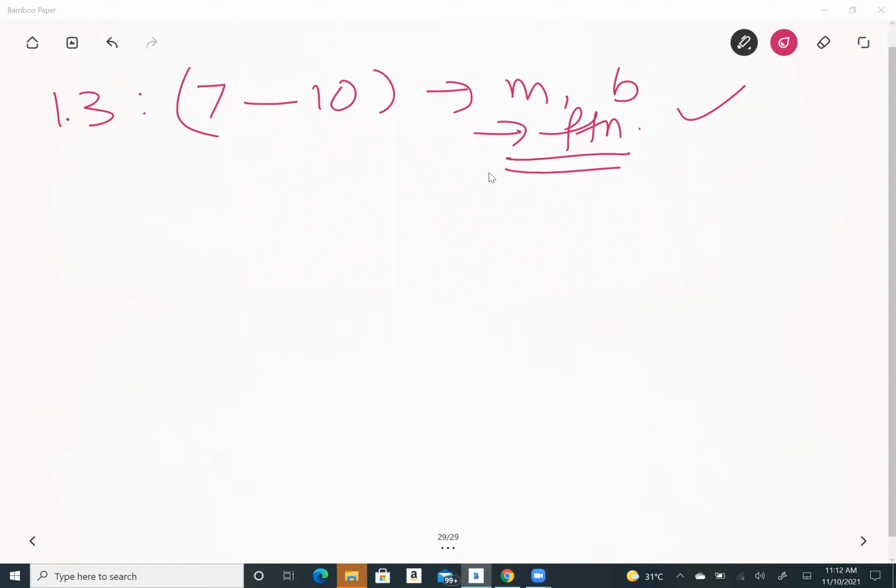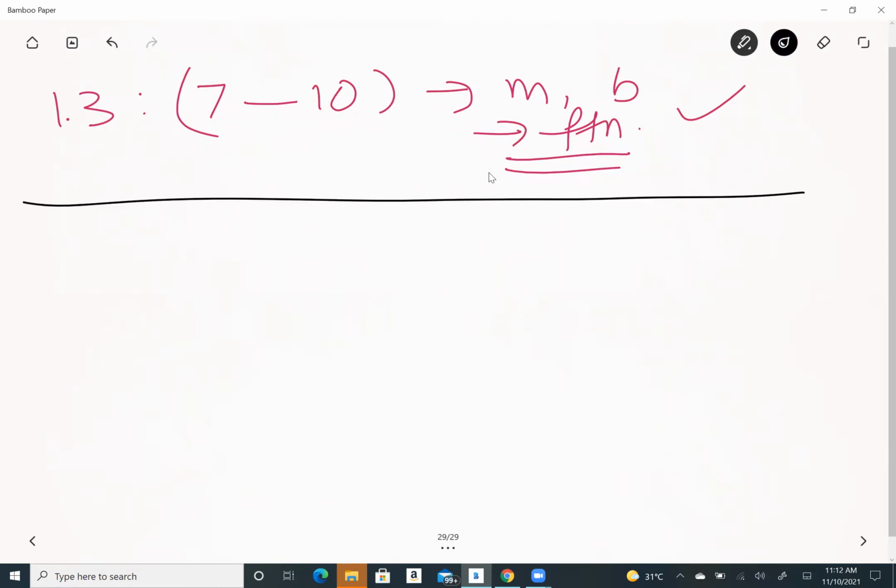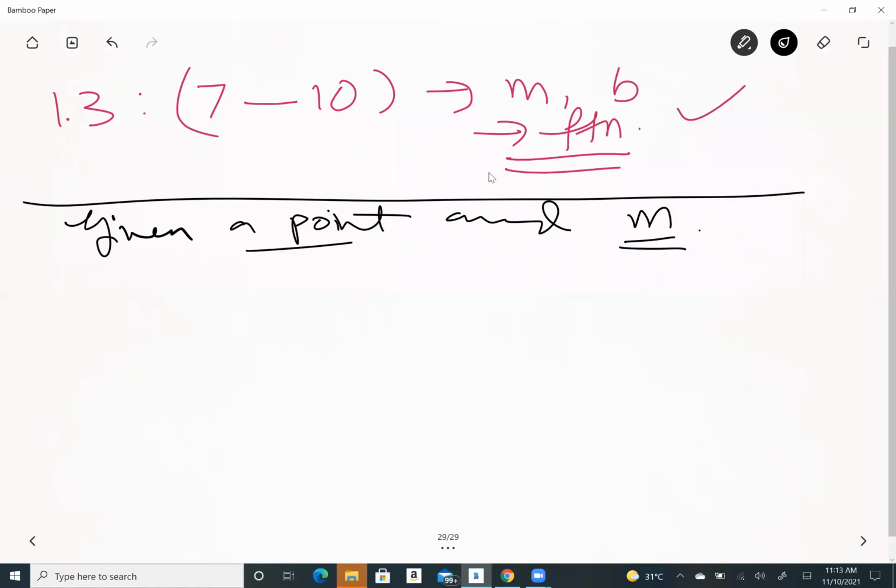All right, now I have a few more minutes. What we want to do next is that we can also find the function if you are given a point and the slope. You know the slope, and then you are given 1 point.